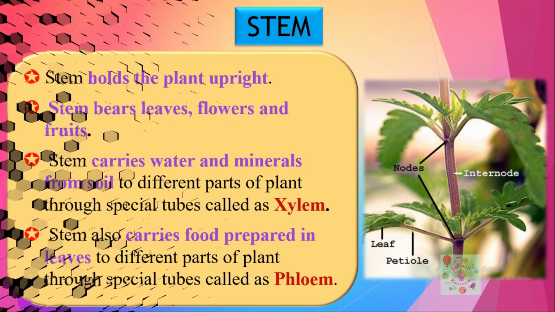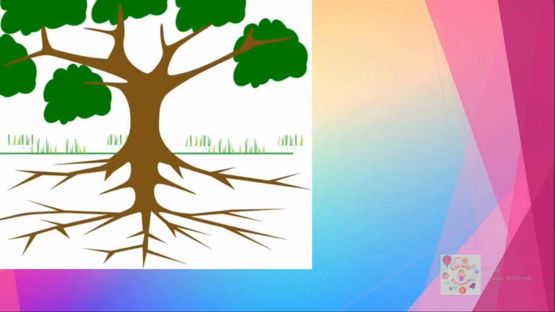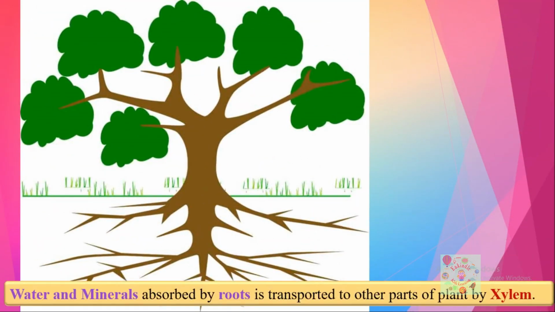Let's understand this in detail. Water and minerals absorbed by roots are transported to other parts of the plant by xylem.